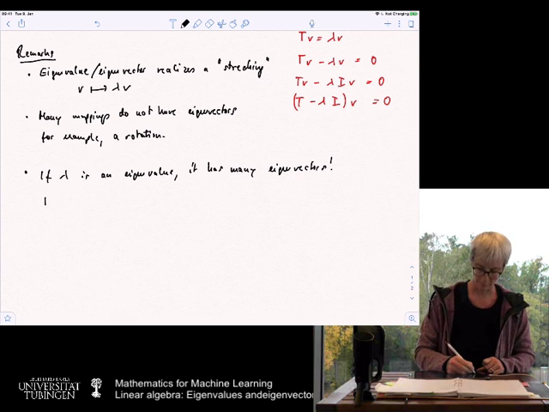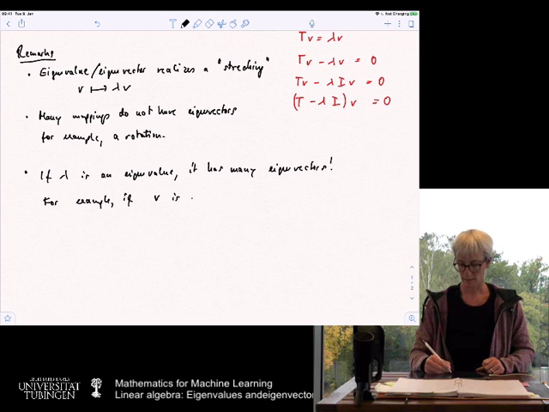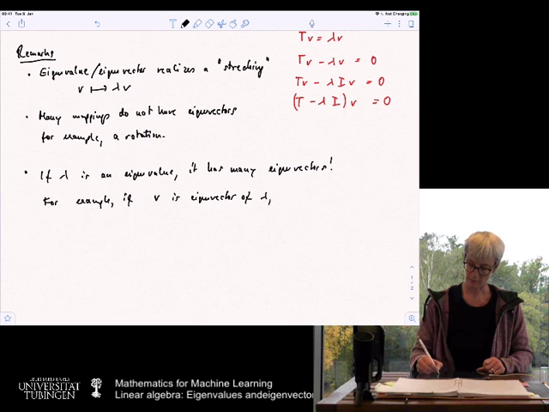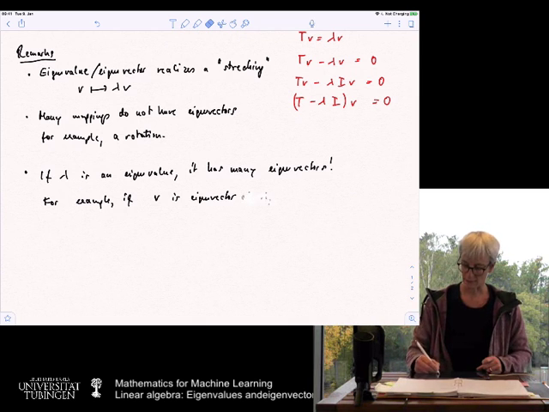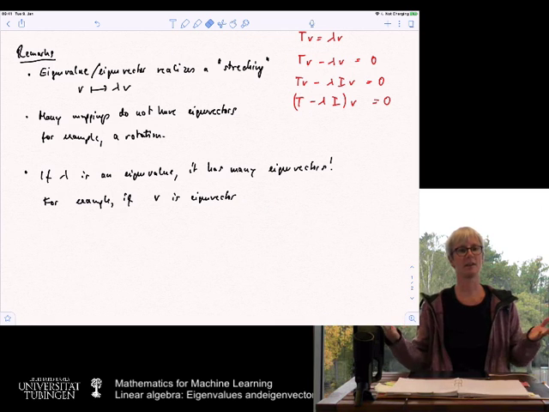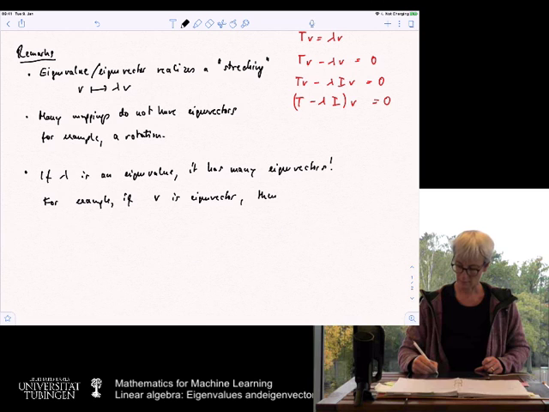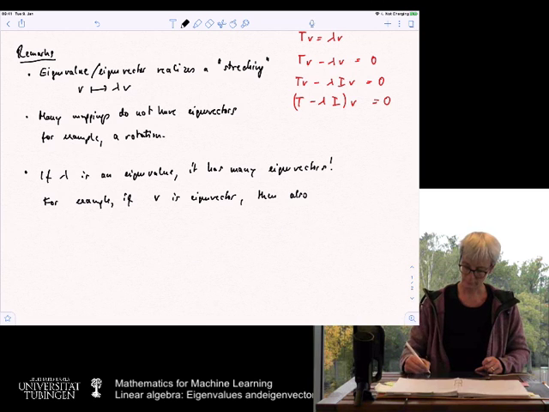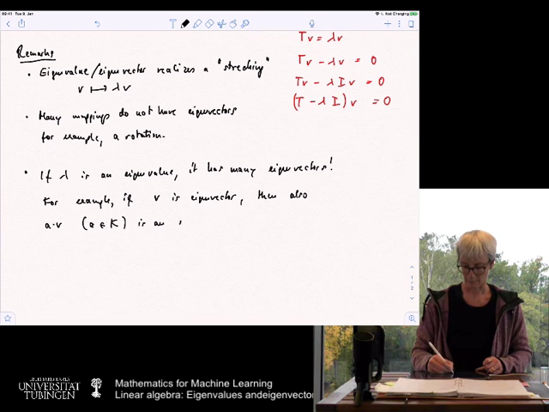So, for example, if, say, v is an eigenvector of, well, I just write an eigenvector of operator T with eigenvalue lambda, then also a times v for a in K is an eigenvector.